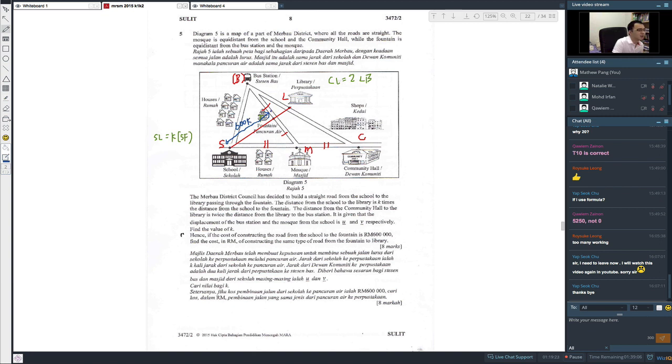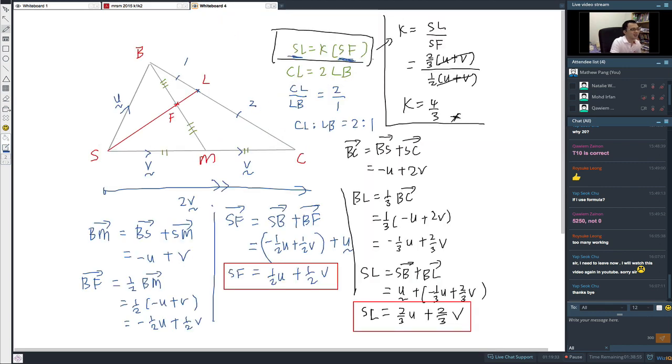Because I found the K already, I can substitute my K back into here. Because here they used 600k. The question asks how much they will spend from F to L. Alright, so I will need to know the ratio, and then from my ratio I can predict my costing from F to L. I know the value of K, so I'm going to substitute into here.